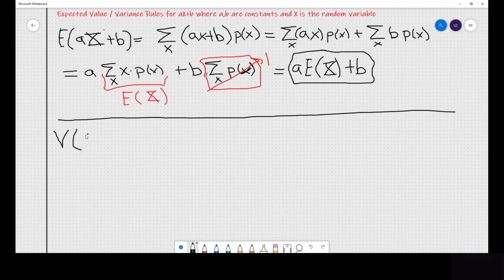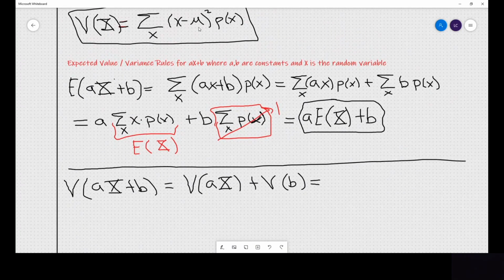So the variance of a x plus b is equal to, treat it as a linear operator as well, so it is the variance of a x plus the variance of b, which is equal to, so we're going to take this thing and turn it into, let's go back up real quick, we're going to turn it into here, right?